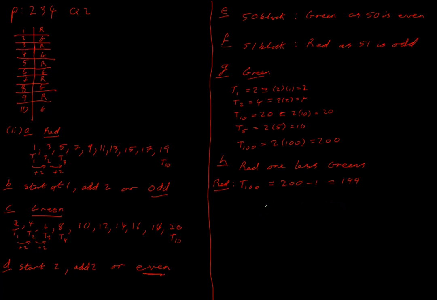Now let's have a look at part 3. Gillian said to find the position number of a green block, I just have to work out 2n where n is a natural number. Explain what Gillian meant. Well, I'm back to talking about greens.